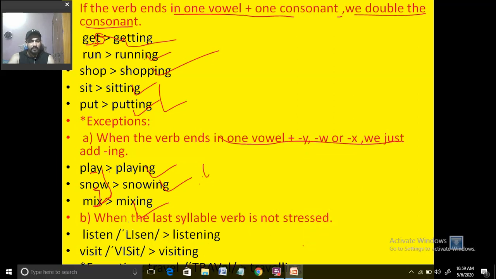When the last syllable of the verb is not stressed, we just add ing, like visiting. But there is one exceptional case, traveling, where we double the consonant.